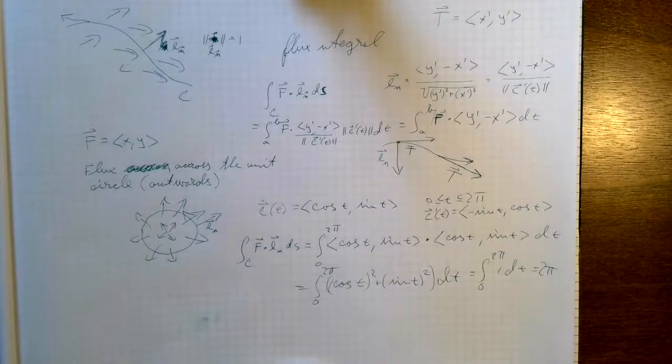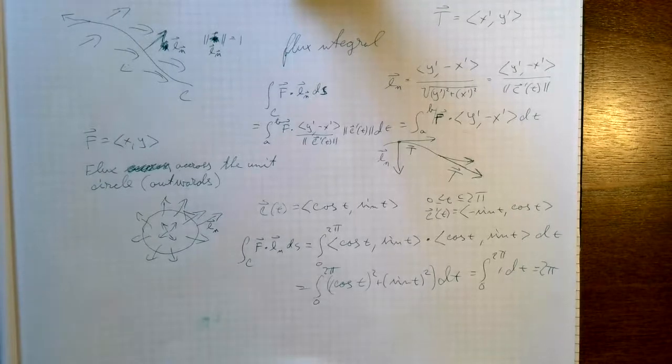So this is one way to figure out how much charge is in a certain region. It's basically how much flux is going across this boundary, this circle.